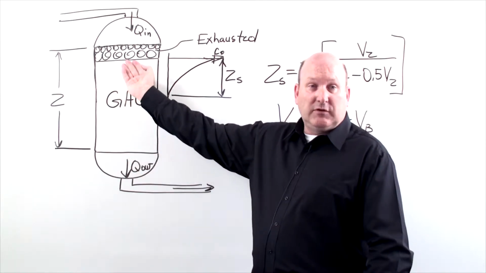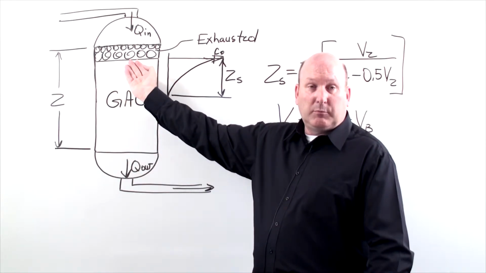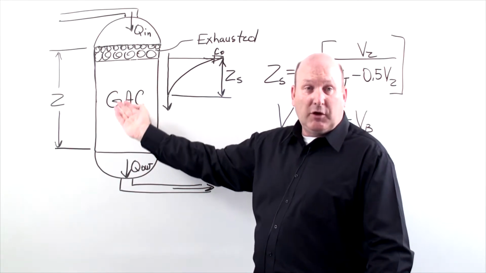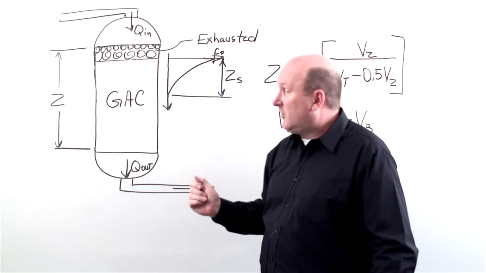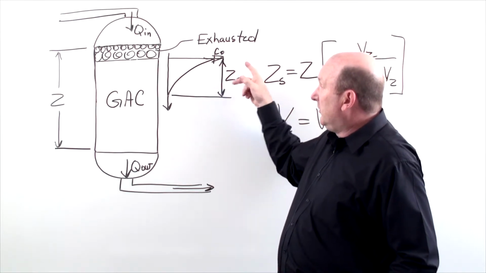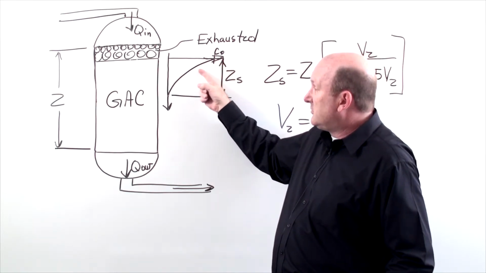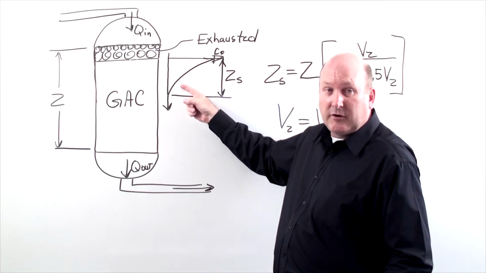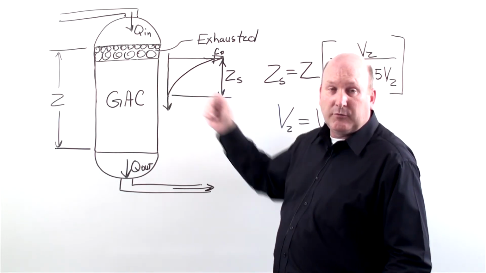Thus, as you move down below the portion of the bed that's already exhausted, if we were to plot the concentration of our contaminant in the water, we define the adsorptive zone, and we see that the concentration of that contaminant in water decreases as we move down through the bed.